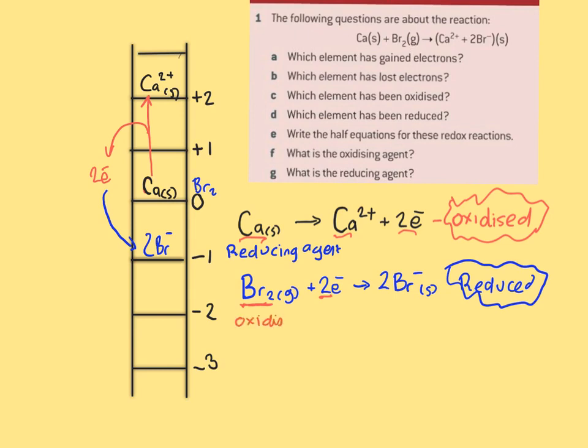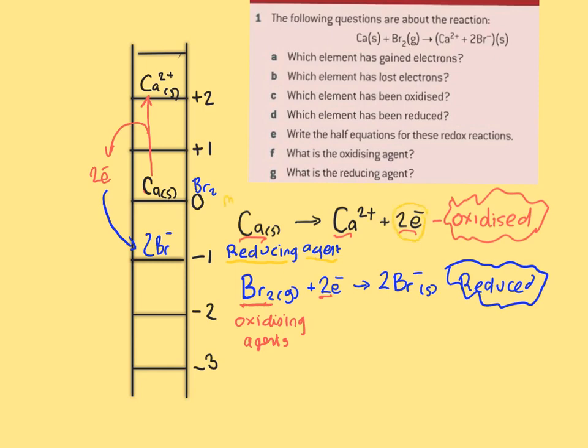and the bromine, because it's taken the E's, is the oxidizing agent. And a rule of thumb is non-metals, which are on the right hand side of the periodic table, tend to be the oxidizing agents. So non-metals tend to be oxidizing agents, and metals tend to be the E dealers, the electron pushers.